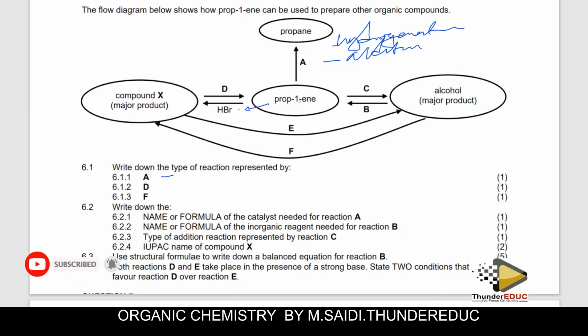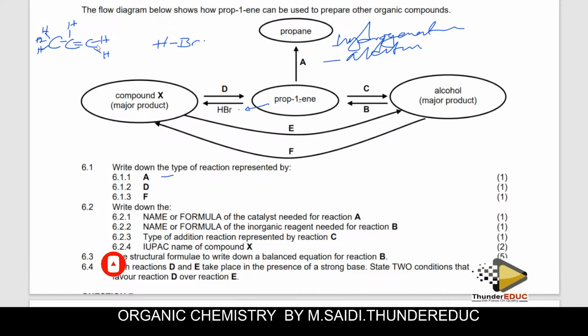So let me show you. Let me write this: 1, 2, 3. The double bond is there. So it's going to be CH3, then CH, then CH2, and then it's going to be 3. So the Markovnikov rule says that now you have hydrogen bromide. Where is the hydrogen going to go and where is the bromide?